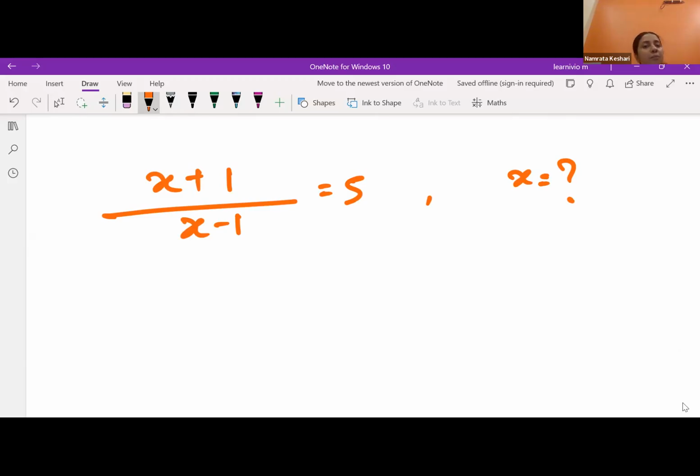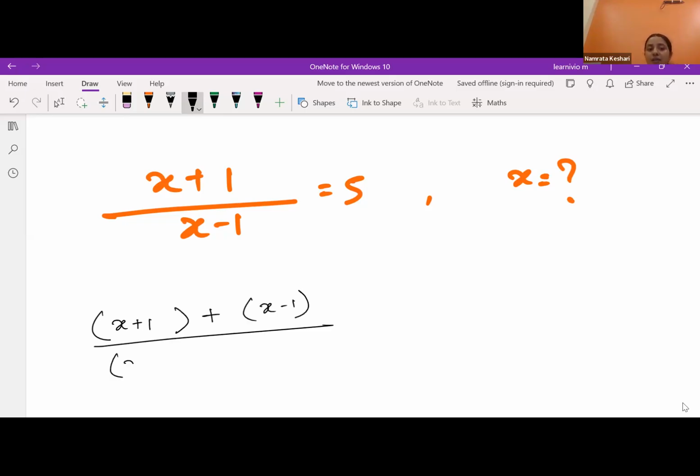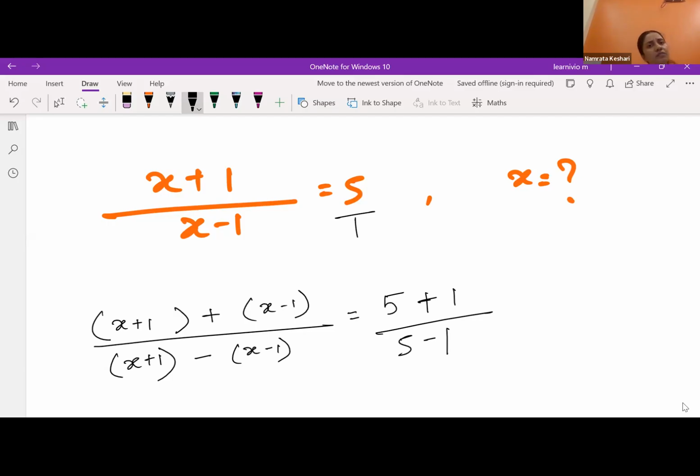But let's try this method, which tells you whatever numerator is there, just add the denominator to it, and whatever numerator is there, just subtract the same denominator. And the same thing you are bound to perform on the other side, otherwise you are using this concept very incorrectly. We are not doing any changes, we are just doing one arrangement. Still both sides will be the same.